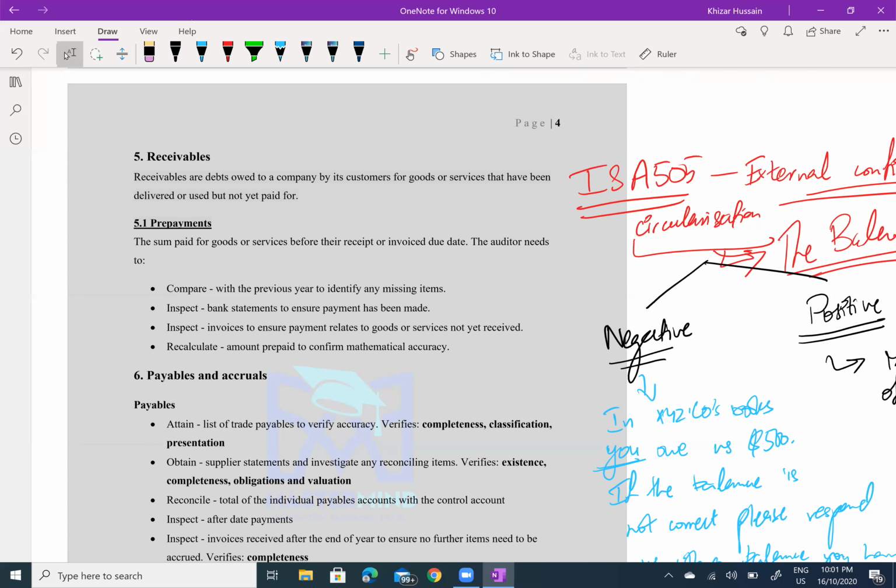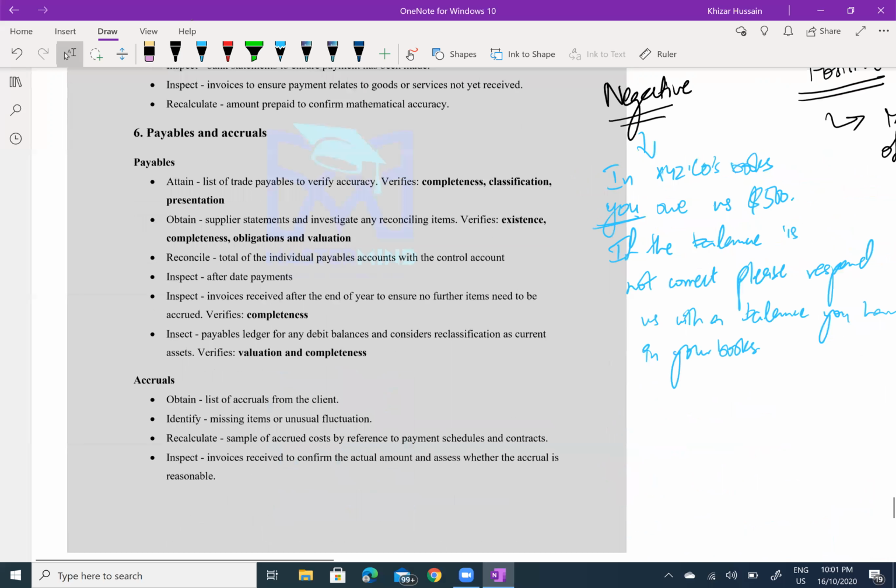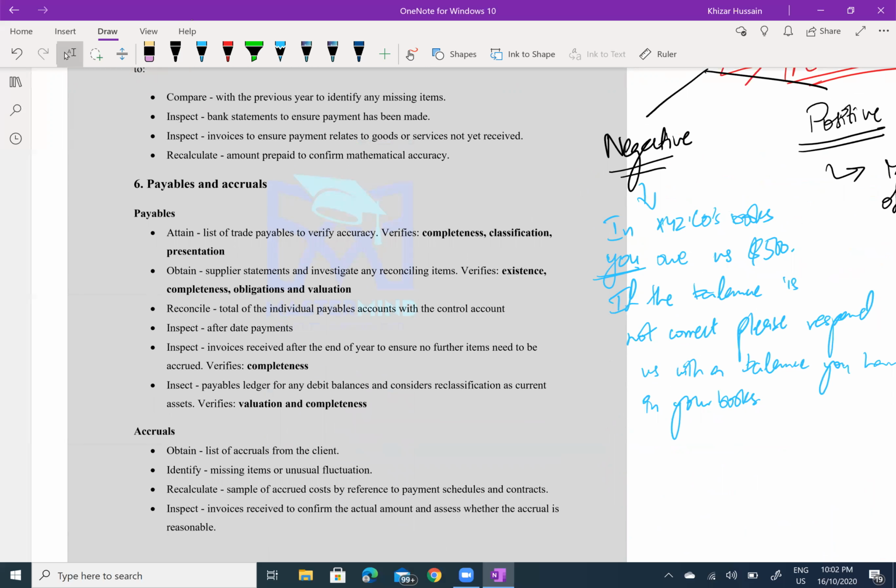What I want you to do, obviously at the end of the class, is revise them. Go through them. Payables and accruals, again, the opposite of prepayments. So you can use this. Just a second, guys.